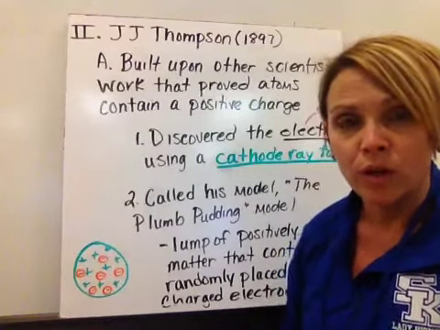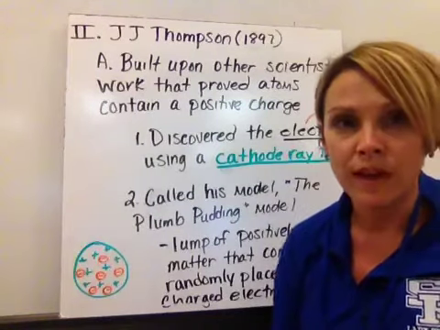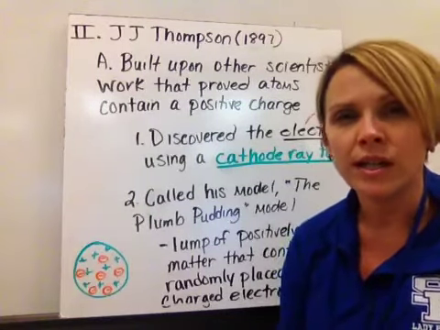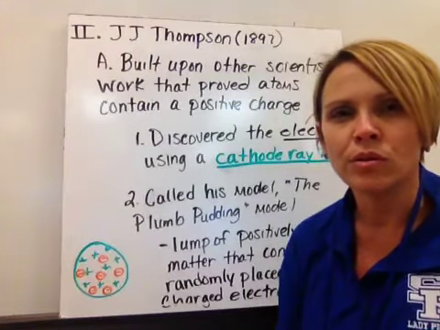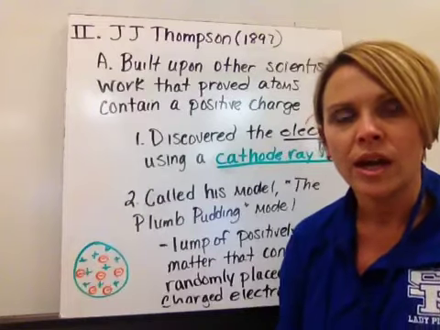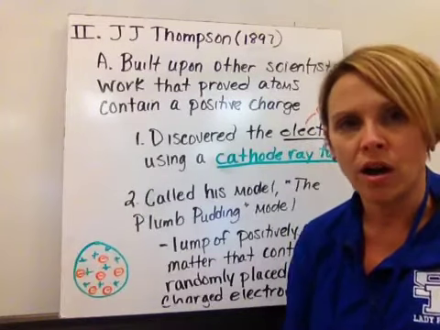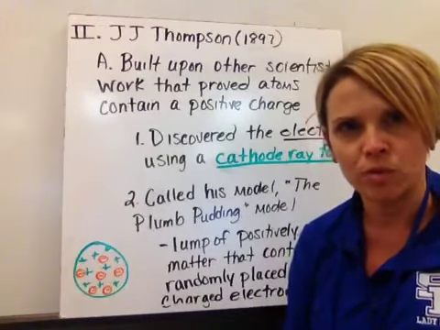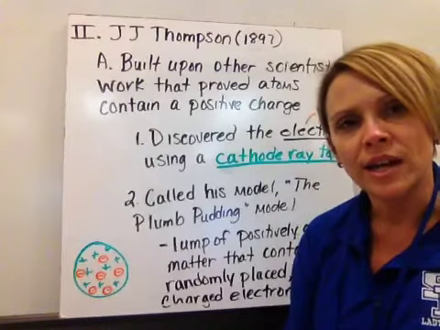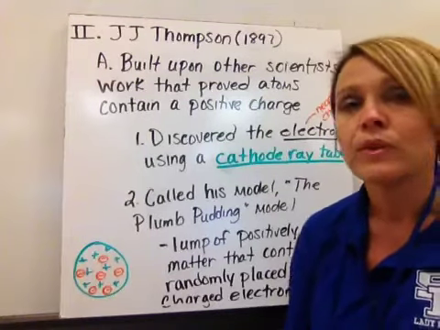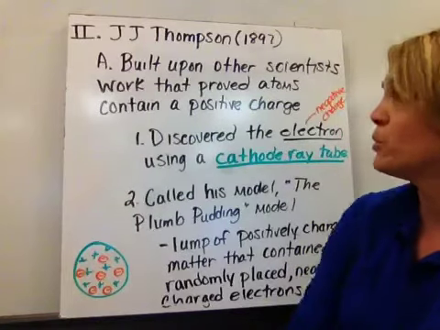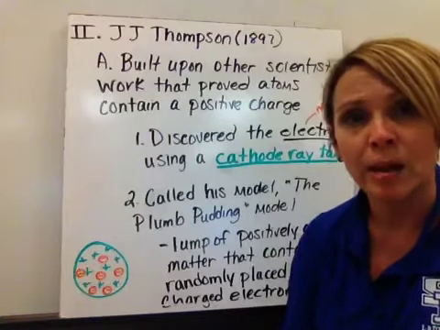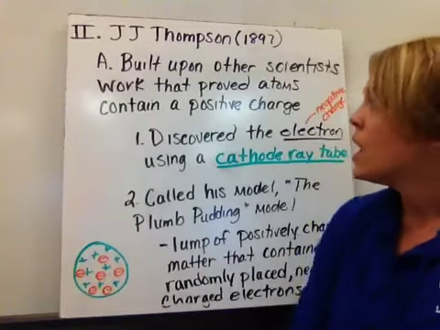And like I said before, many scientists were thinking about this and working on trying to understand what an atom looks like, because when we can't see something, it's hard to make sense of what's going on without having some sort of visual model. And so one scientist, J.J. Thomson, built upon other scientists' work that had already proved that atoms contained a positive charge.